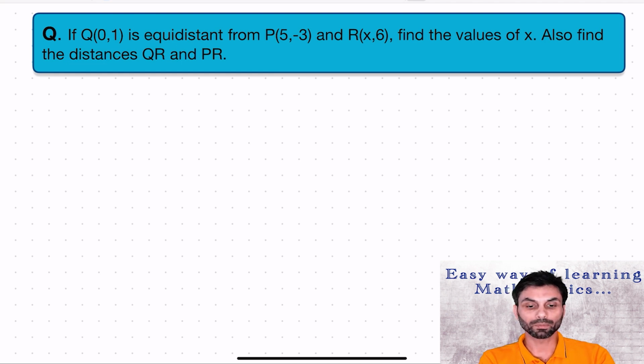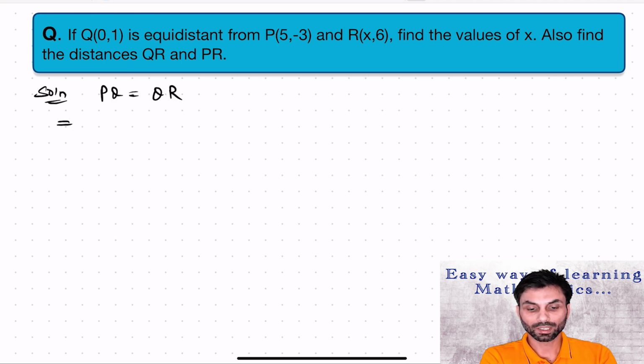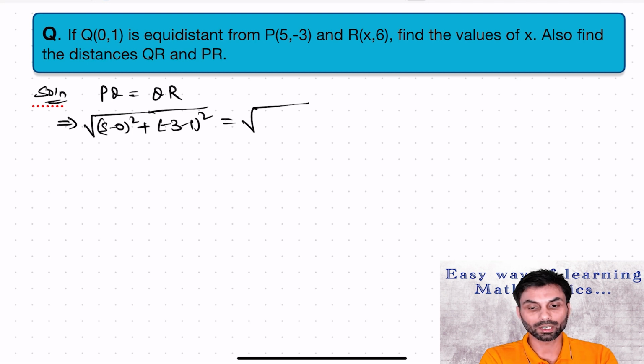Again, it is a question based on equidistant, so we'll take PQ equals QR, and based on that, using the distance formula, the distance PQ is the square root of (5 minus 0) whole square plus (-3 minus 1) whole square, which equals the square root of (x minus 0) square plus (6 minus 1) square.